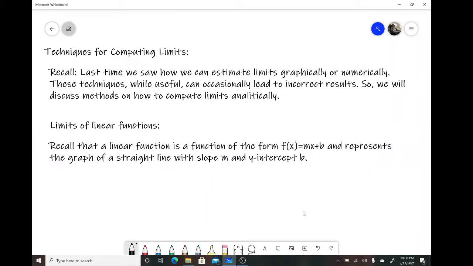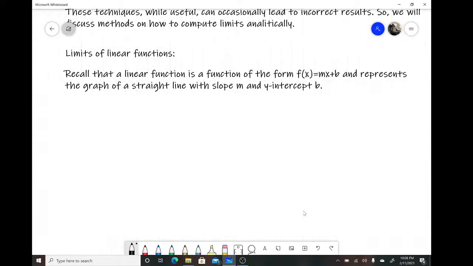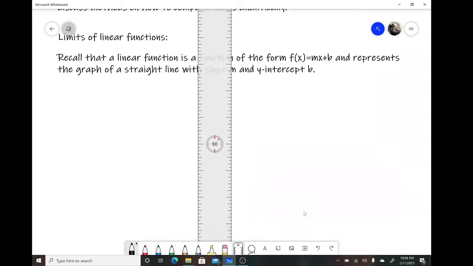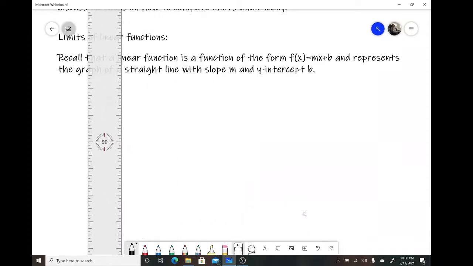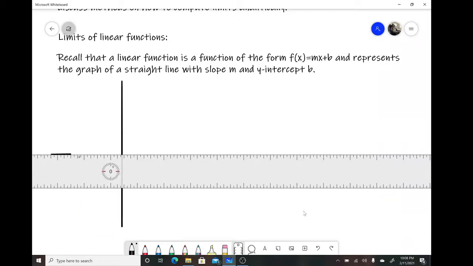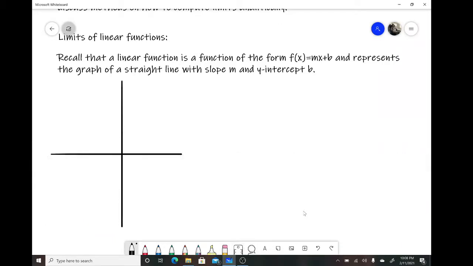Now, let's say we had some linear function. So let me really quickly draw a plane. This is y, x, my origin. Let's say we had some function, it's a line, let's call it f of x.